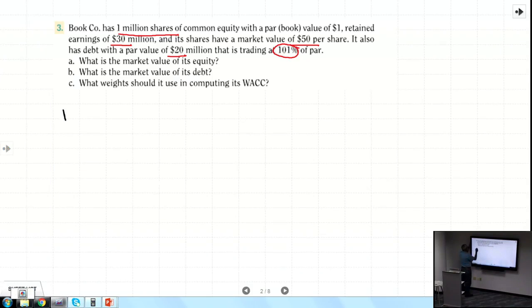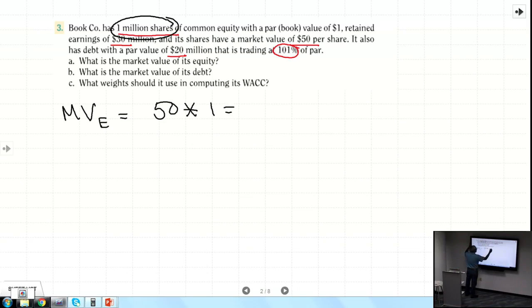So what is the market value of equity? Market value of equity would be the stock price 50 multiplied by the number of shares outstanding, which is 1 million. So that gives us 50 million.